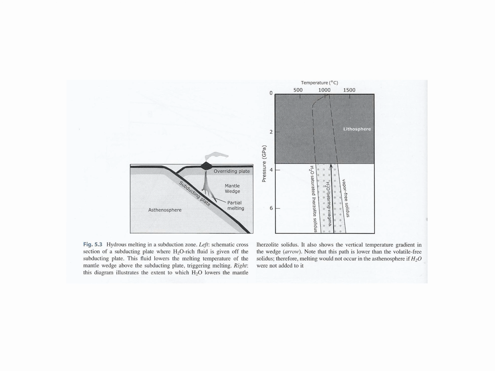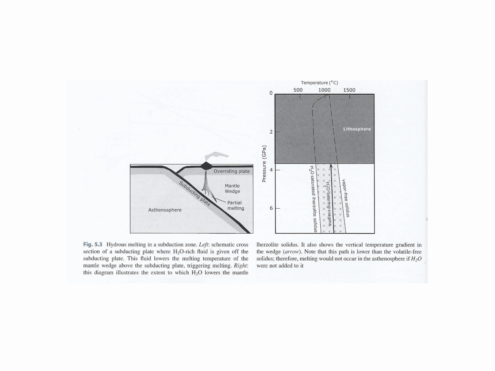So, what is written here? Hydrous melting in a subduction zone. Left: schematic cross-section of a subducting plate where H2O-rich fluid is given off the subducting plate. This fluid lowers the melting temperature of the mantle wedge above the subducting plate, as I told you, triggering melting.